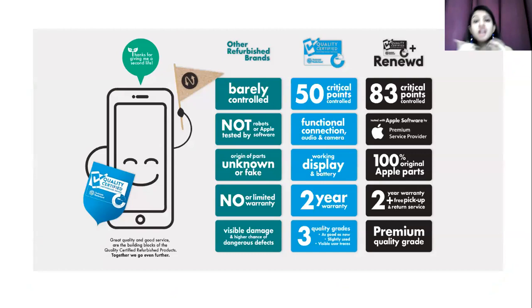The external parameters are things like display, buttons, length, width, thickness, and scratches. If there is a camera, how is it working? Power mode, charging, slots, everything has to be checked. If there are buttons, are the buttons intact or not? So these are the things involved externally.